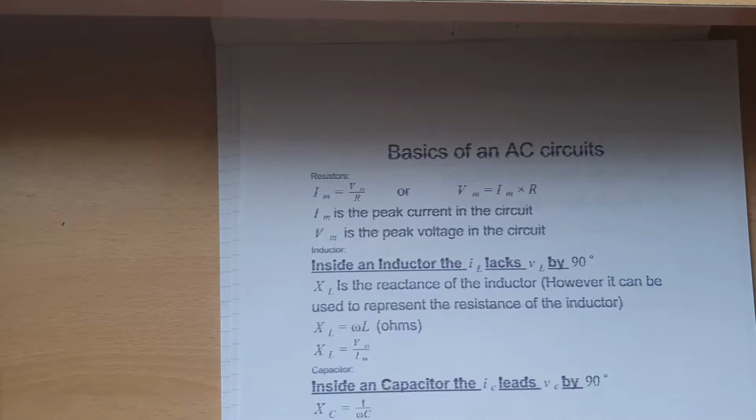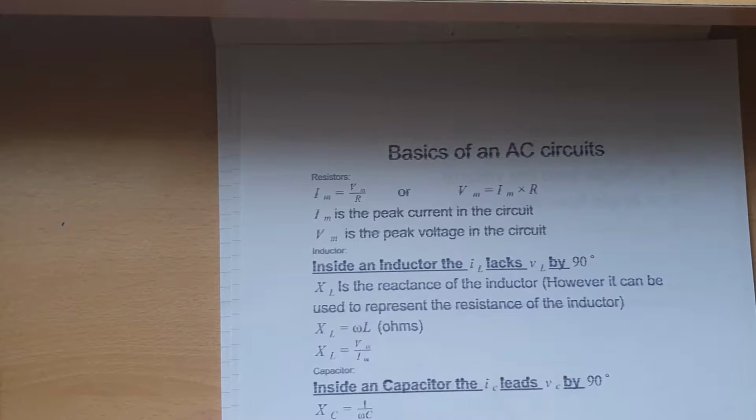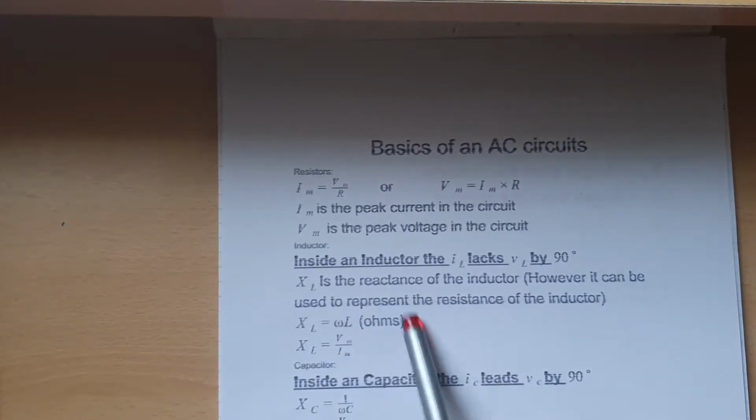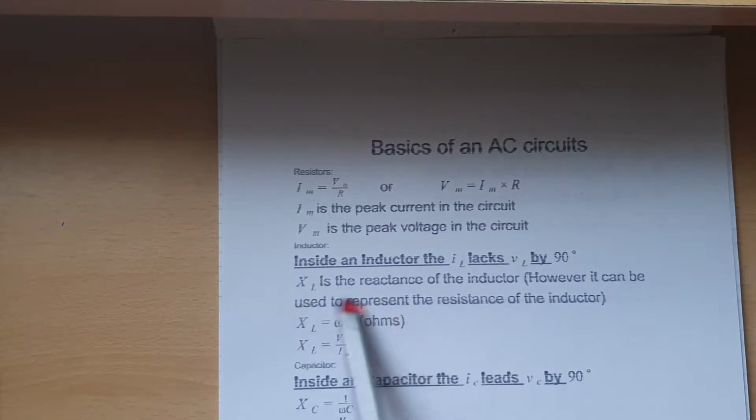And all we need to do to find this ohms value is not even the current or the voltage, it's just the angular velocity, the W, and the L, which is the inductance. That's measured in henries. And you just multiply the two of them and you get the ohm value, and that's the easiest way to discover it.